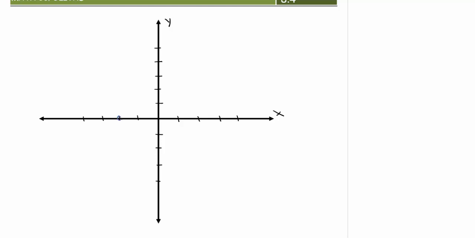-2 comma 0 is going to be right here. -1, 3 is about right here. 0, 4 is right there. 1, 3, 2, 0. Now I'm going to connect my points to draw my graph, and I'm going to make sure I extend my graph all the way to the very ends of the graph here.